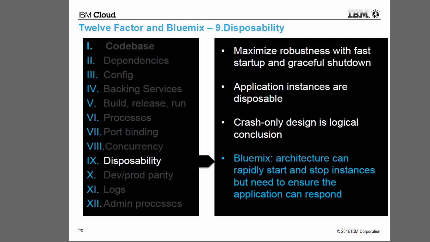But beyond loading the code, your application has to do everything else it needs to, using high-speed databases and caches, so it can start up snappily and be ready to serve requests as fast as possible.